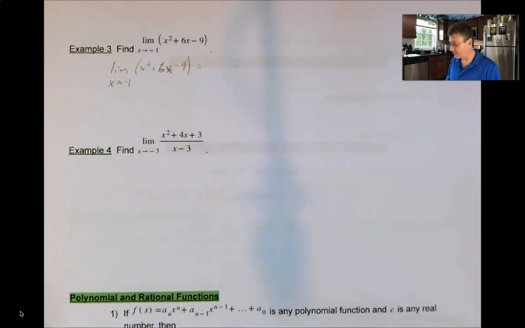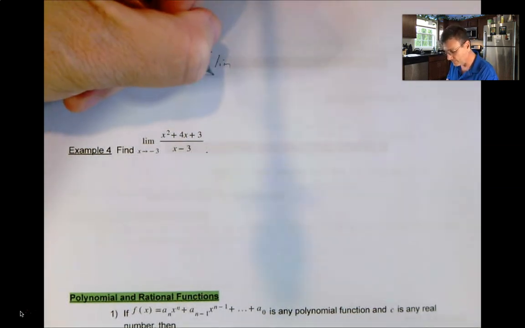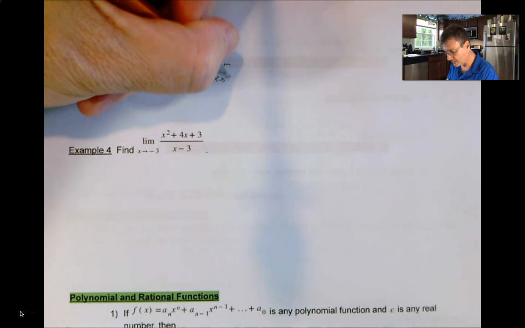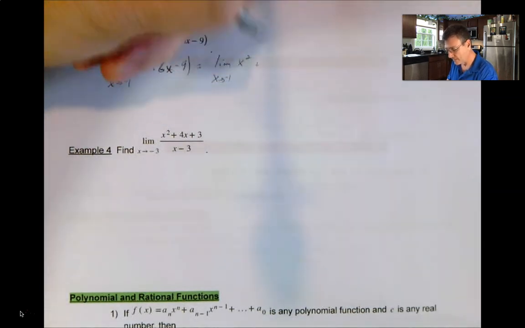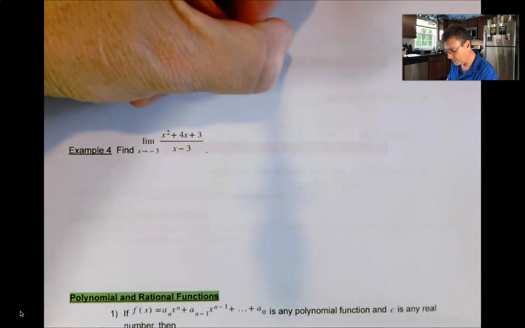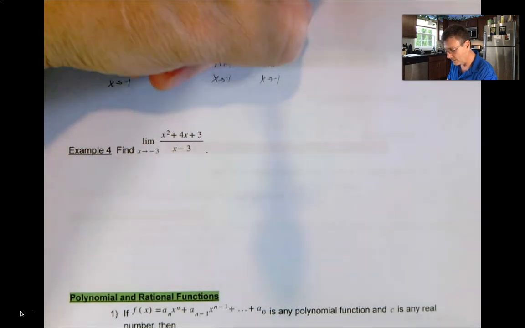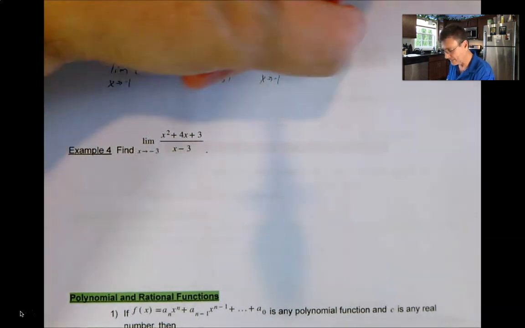You do not do this every single time you do a problem. This can be broken up into the limit as x approaches negative 1 of x squared plus the limit as x approaches negative 1 of 6x minus 9.